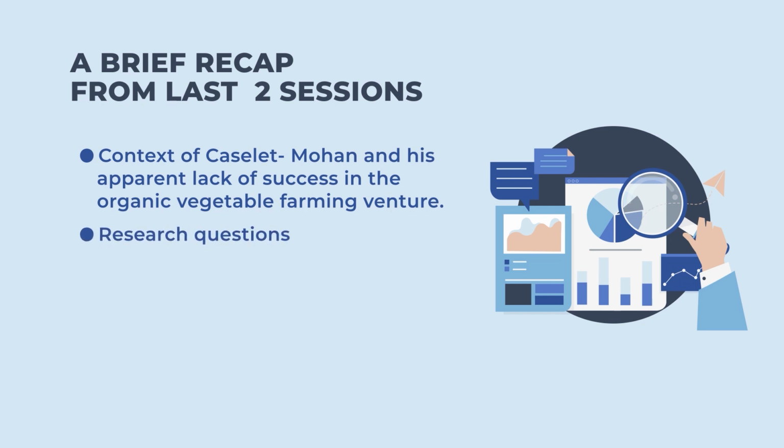We had identified some research questions, and we had looked at research design types, where we looked at exploratory research and conditions that will allow him to choose a particular kind of research design. Therefore, using the same caselet, we will try to discuss the options to apply the various sampling designs so that Mohan can conduct, with your help, his marketing research.